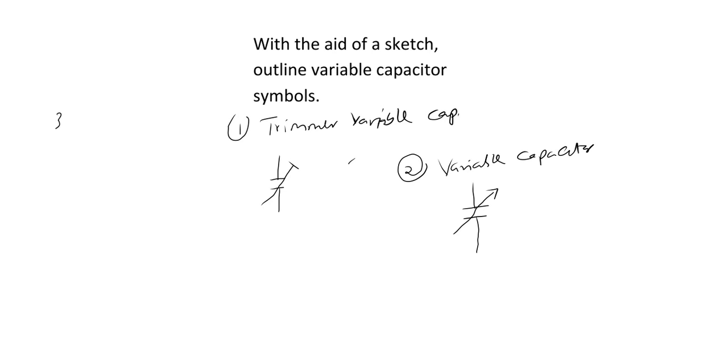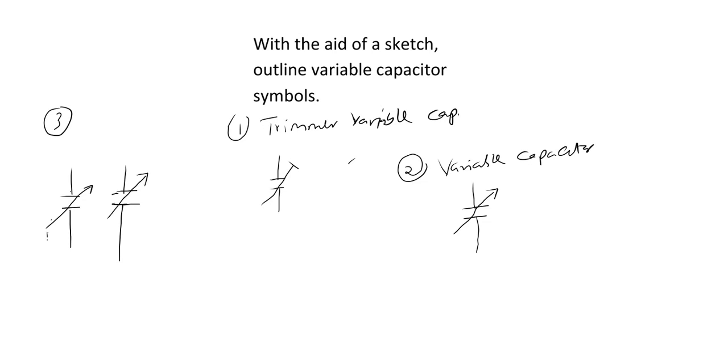Then we have number three. We normally draw the capacitors, two capacitors, like that. Then we have to make them variable capacitors.